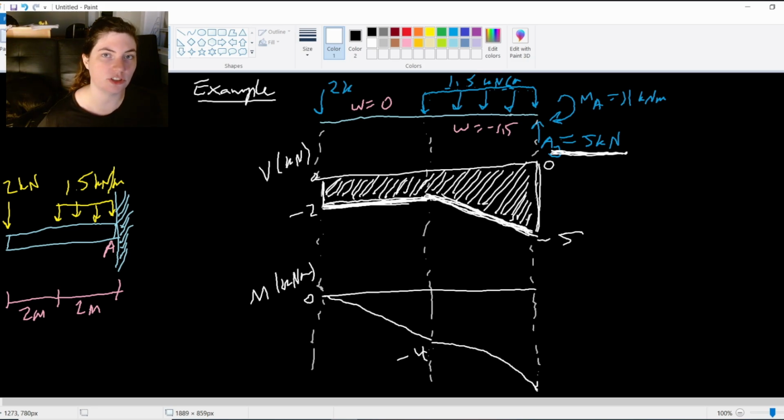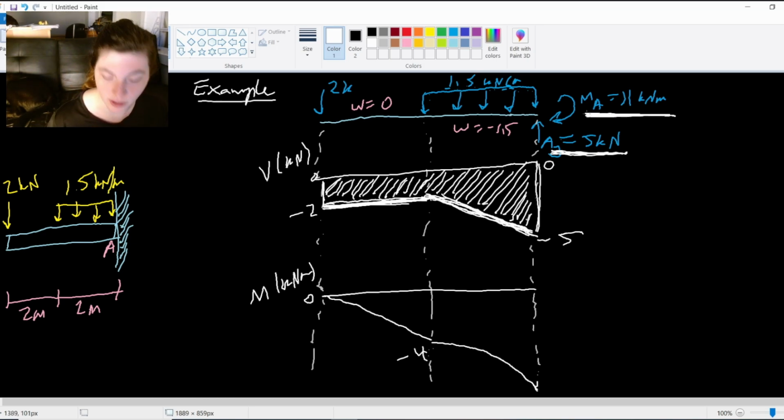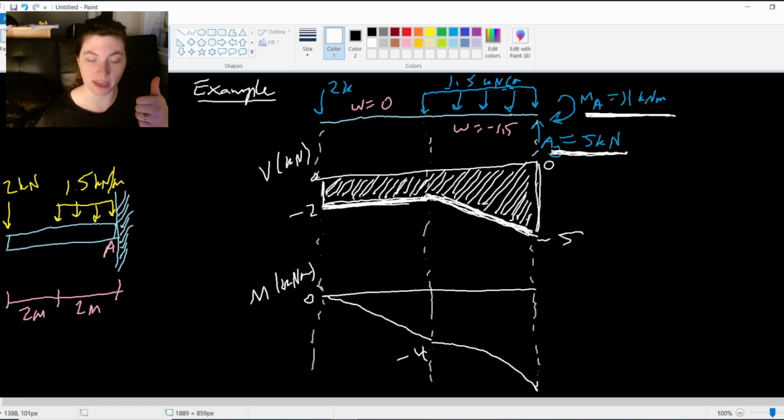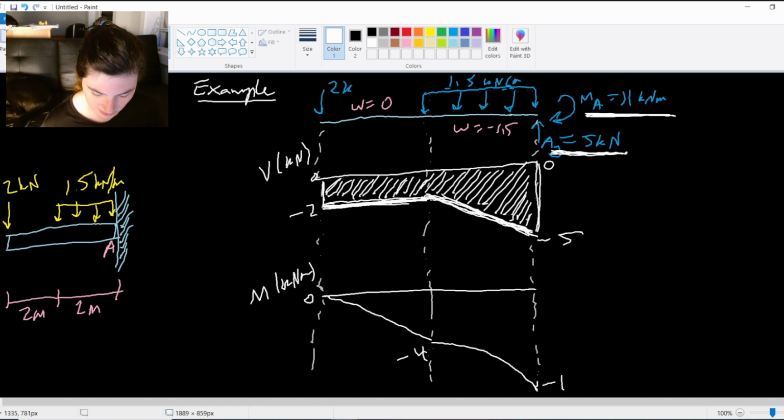Do I need my function to find that value? The answer is no, I actually don't, because I have this moment, my reaction moment from A is 11, and that 11 is pushing it back up to 0. So I know that this has to end at a -11 in order for my graph to get pushed back up to 0.